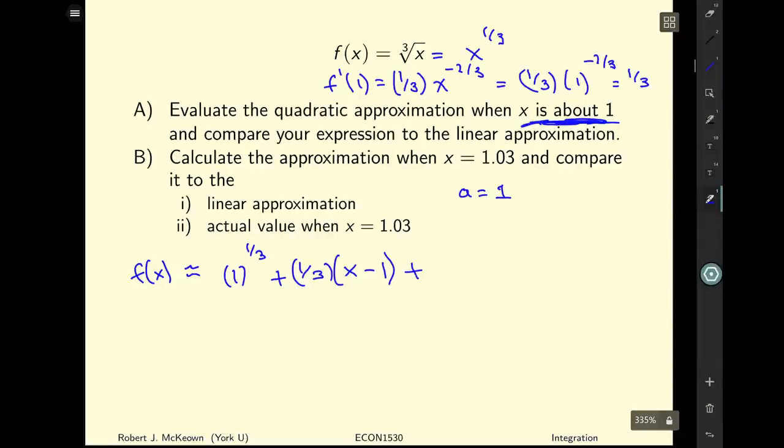Now for the second term, the quadratic component of our approximation, we need the second derivative. So f double prime of x is equal to 1/3 times negative 2/3 times x to the negative 5/3. If we evaluate that when x is equal to 1, we get negative 2/9 times 1, which is negative 2/9.